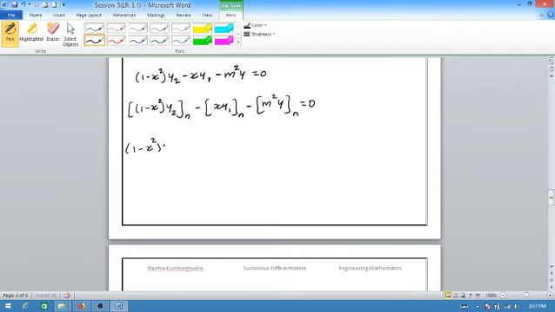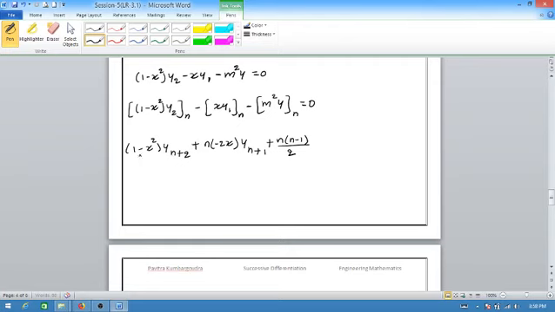So that is yn plus 2 plus nc1, which is n. Differentiation of 1 minus x square is minus 2x. The n minus 1th derivative of y2 is yn plus 1, plus nc2. nc2 is n into n minus 1 divided by 2 factorial, which is 2.